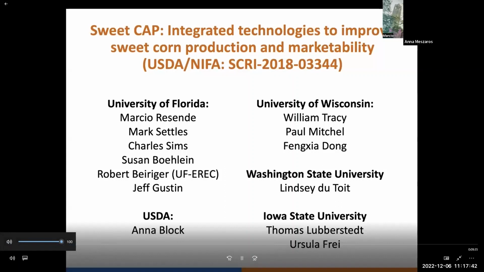There were a series of outcomes. I think this was a great opportunity to bring together a lot of different researchers from different areas, from different locations of the country. And we were able to screen and identify sources of good traits for sweet corn breeding: southern corn leaf blight, northern corn leaf blight, virus resistance, ear traits, tip fill, and seed germination under cold and regular conditions.